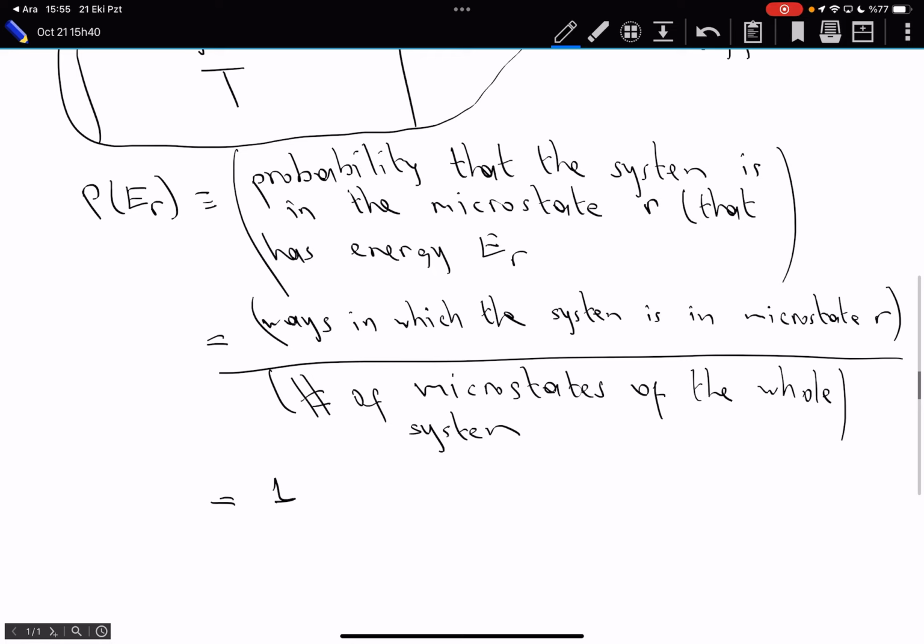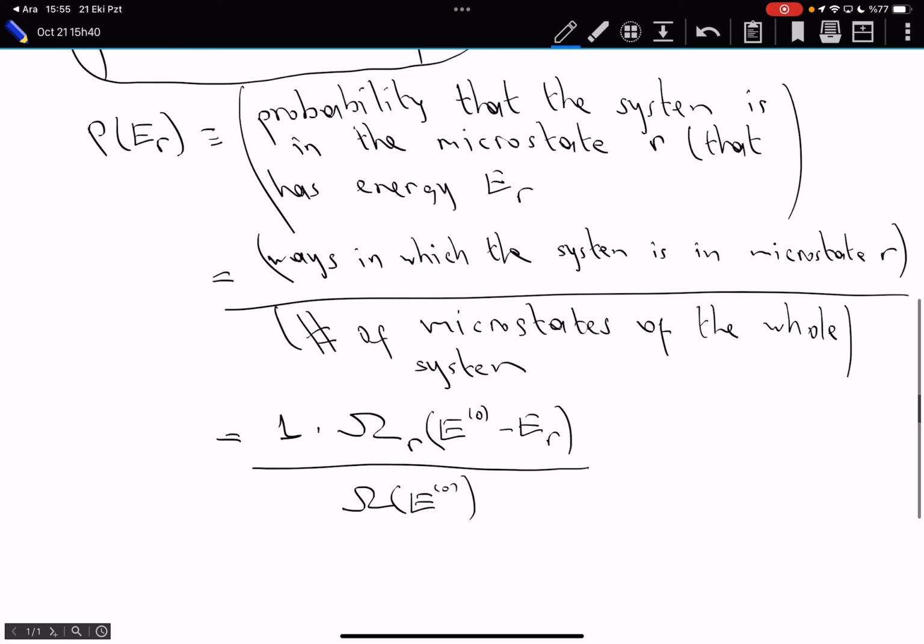But of course, the whole system can have many ways in which my particular system is in that one microstate, and that will be multiplied by the reservoir having an energy E0 minus E of R, divided by omega of the whole system to be in the state E0. This is my P of E of R.